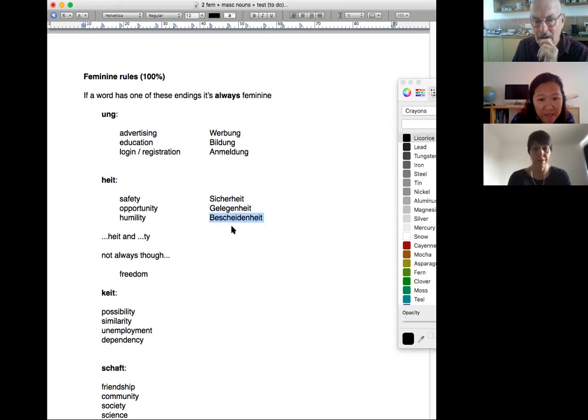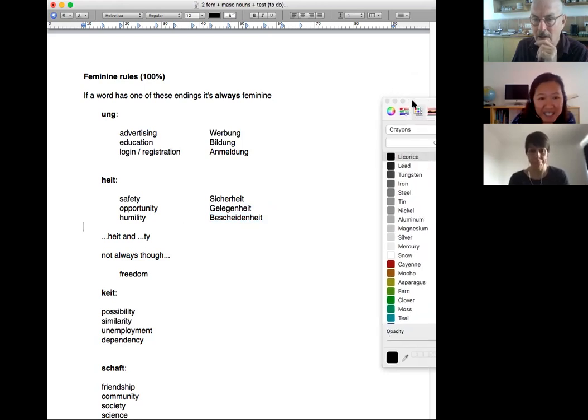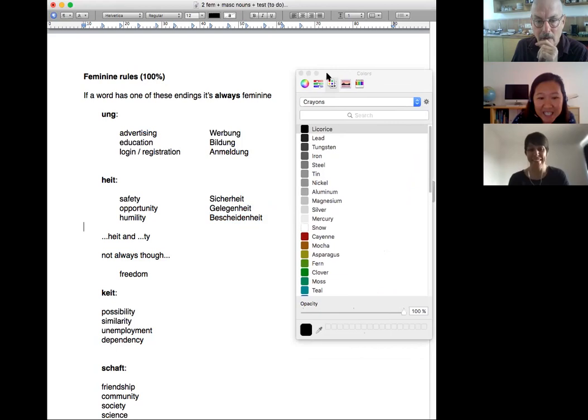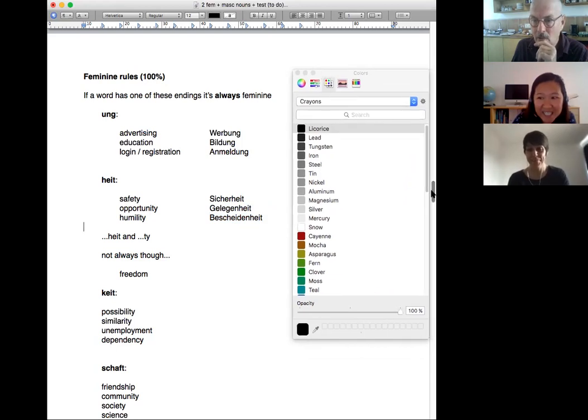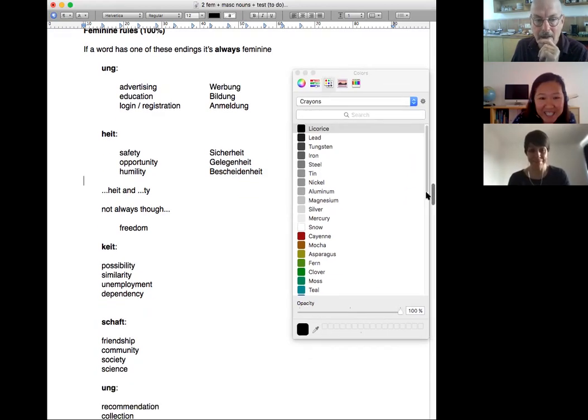Bescheidenheit. Like if I founded a political party, it would be the Bescheidenheit Party. I think we'd go a long way if people would listen to one another. Height. So there's this relationship between height and "ty", right? Humility, opportunity, safety, which makes you think that height is about T, but not always.